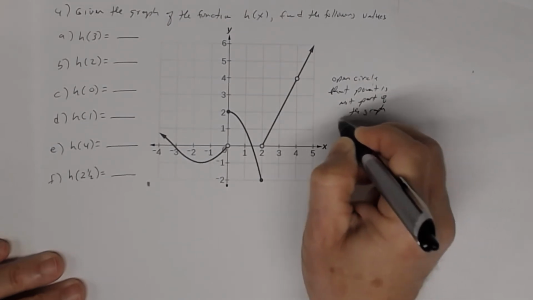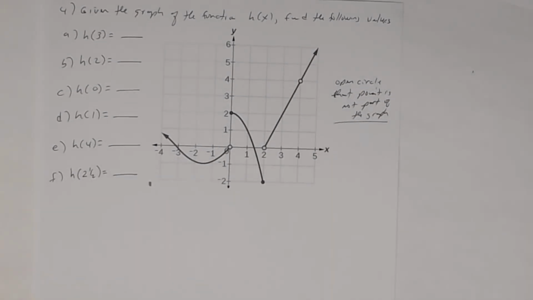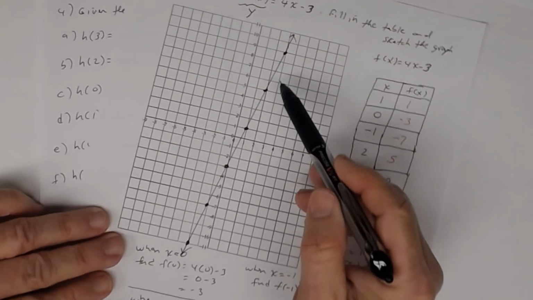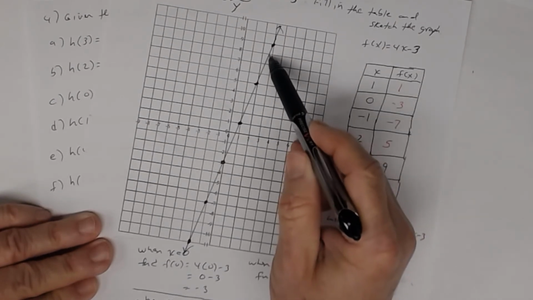I can say it a different way. Remember when we would graph lines, let me look at the one we did in number 1. Hopefully you remember this from a previous lesson: when we graph lines or any function, what you're doing is graphing the solutions.